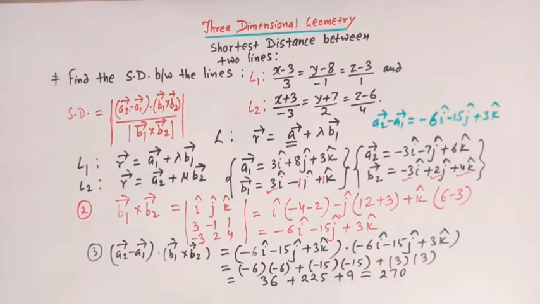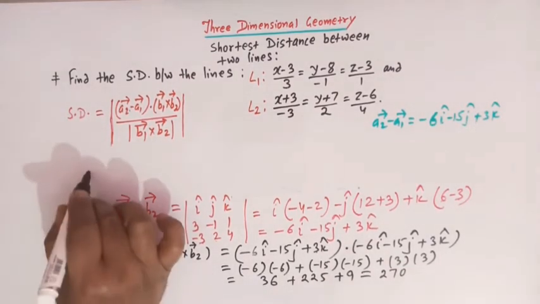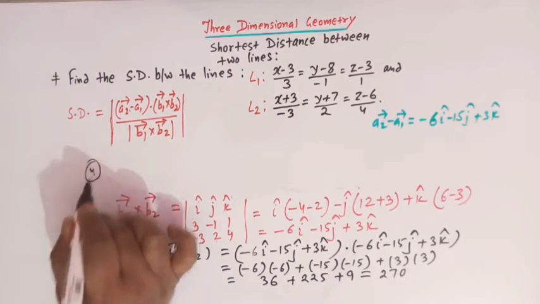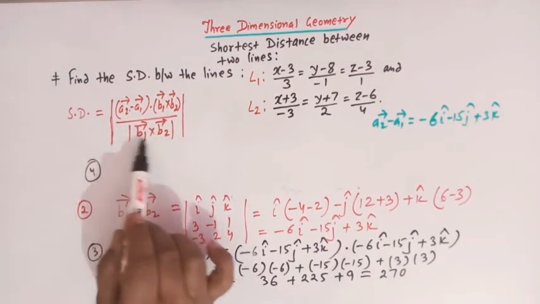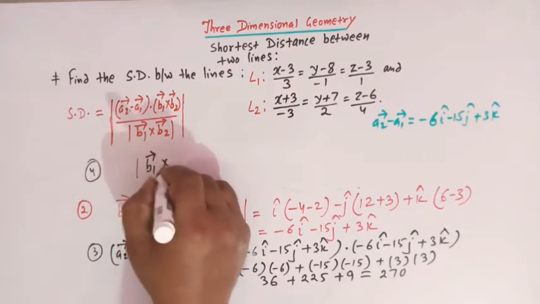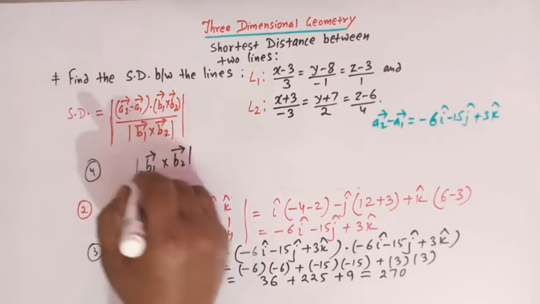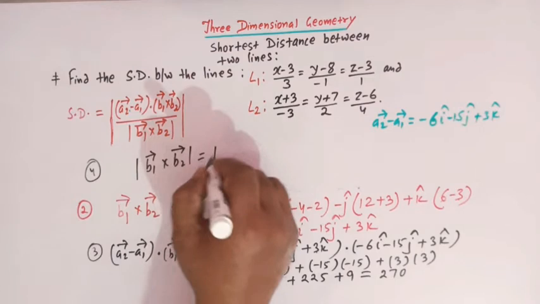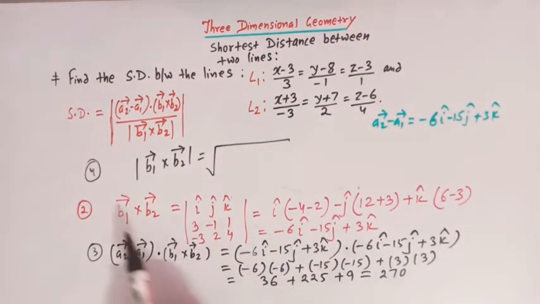If we add all these three numbers, we'll get 270. Now let us find out the magnitude of b1 cross b2. The magnitude of b1 cross b2 is given by square root, and here we have b1 cross b2 as minus 6i cap minus 15j cap plus 3k cap.